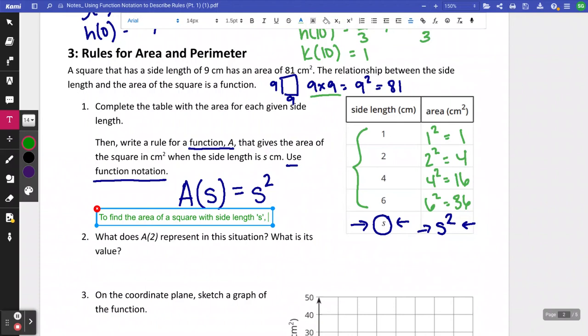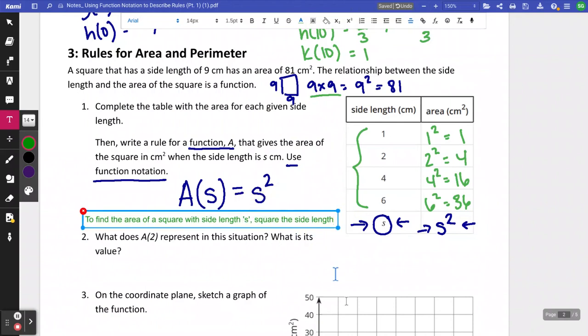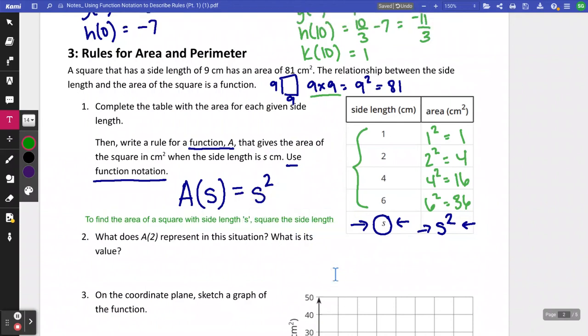Square the side length, or square s. That right there is what that function notation is telling us.